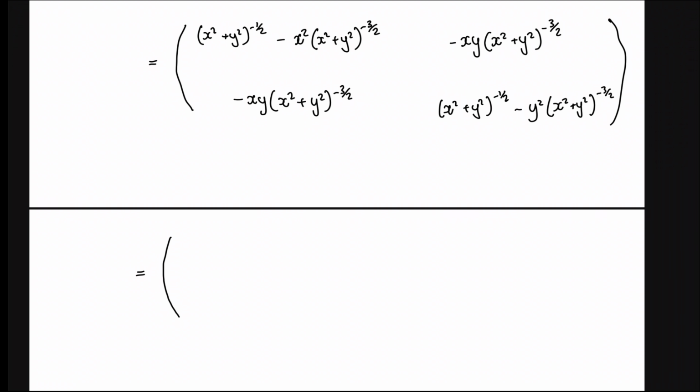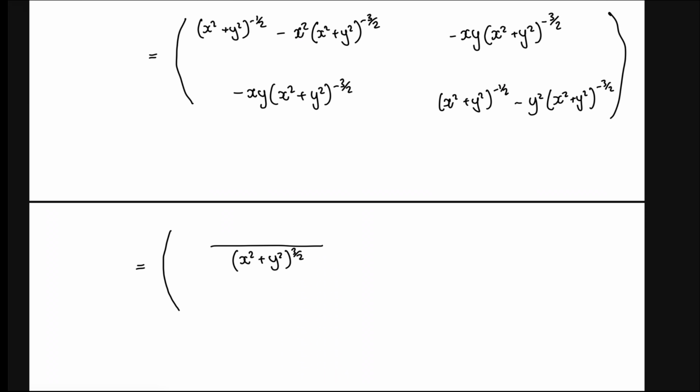Now, I am going to make (x squared plus y squared) to the power of 3 over 2 the common denominator for all of these. So when I do that, I need to multiply this one by x squared plus y squared, and this one just stays the same, so we just get minus x squared.